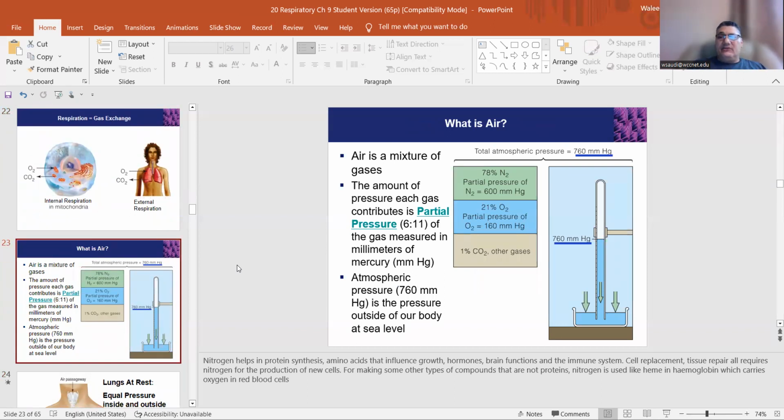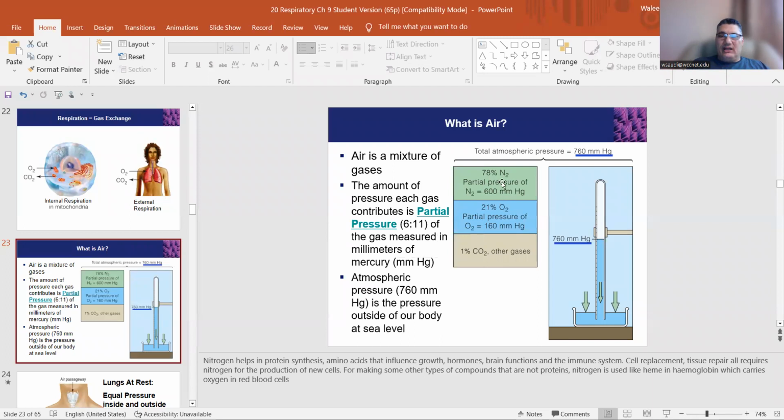The air contains different gases. The most abundant, or the major, is nitrogen. You might think it's oxygen. It is not oxygen. The major bulk of the air out here in the atmosphere is actually nitrogen. This is the largest proportion.